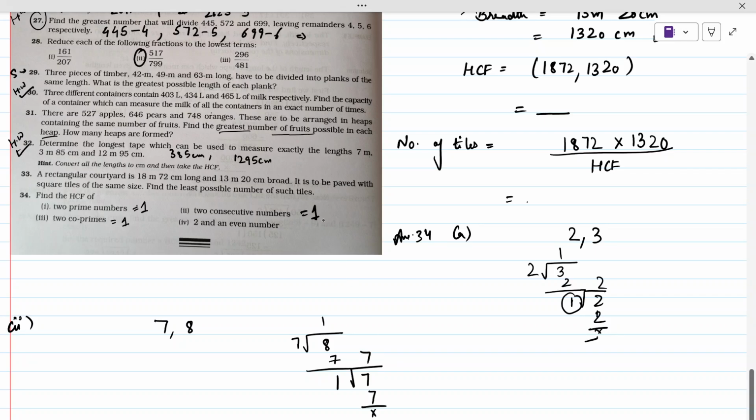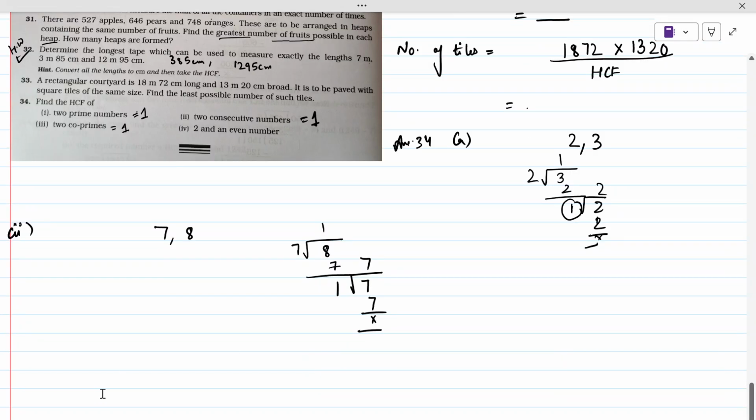The last one we have is 2 and any even number. So I'm taking 2 and 10. 10 is an even number. Now let's find out. We have 2 and 5. This is cross. So the HCF will be 2 only.